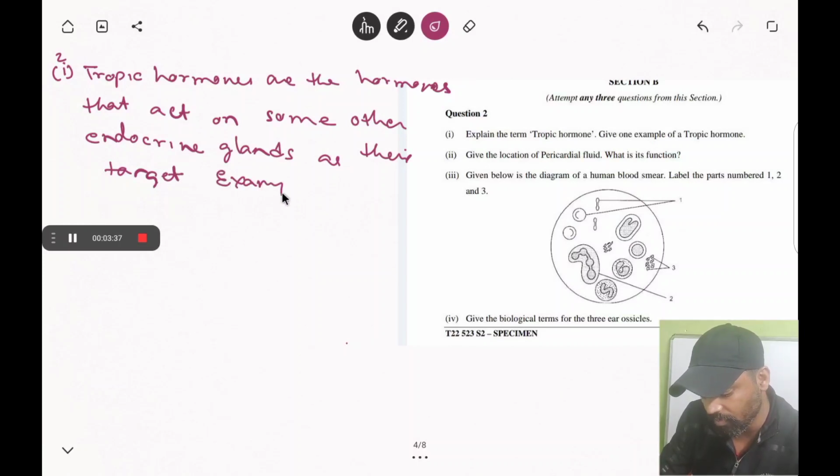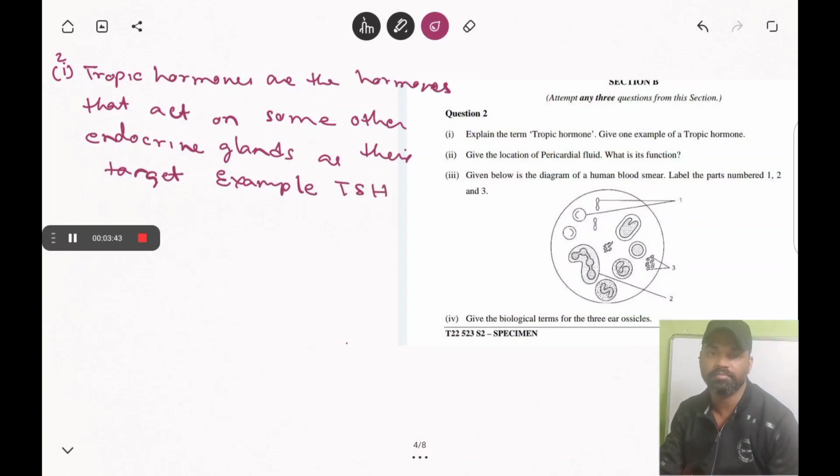Example is TSH, thyroid stimulating hormone. Done. This was number 1.